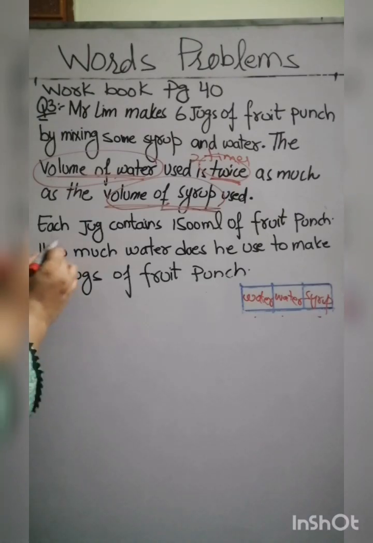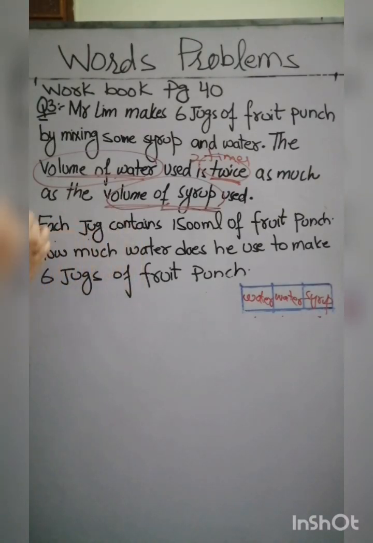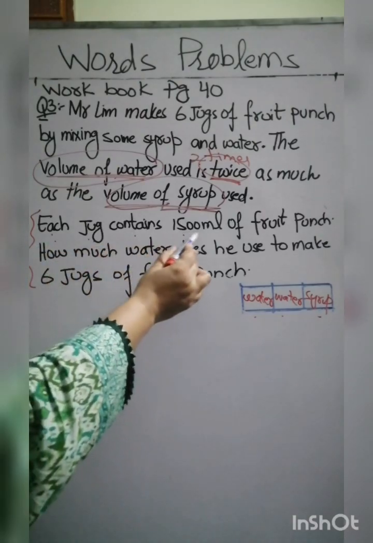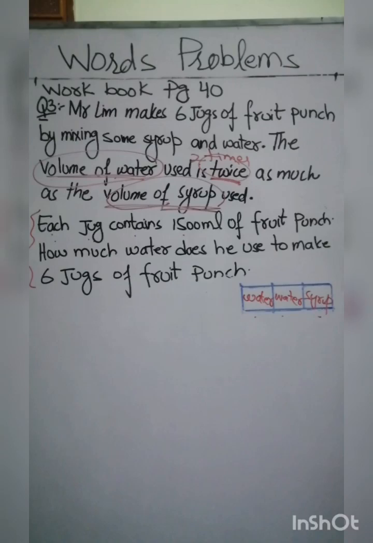Now, each jug contains, this is our second part. First of all, we find out how much water in one jug. Each jug contains 1500 ml of fruit punch.